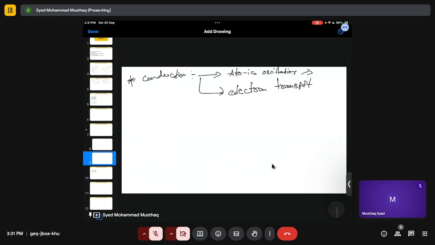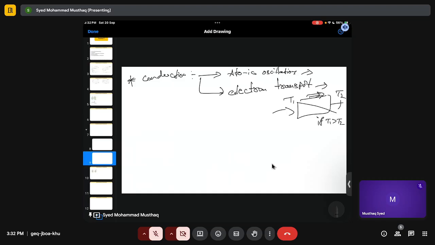These are two different ways that you can transfer thermal energy inside a solid from T1 to T2, if T1 is greater than T2. Let's draw the flow lines. Heat energy will flow along these lines, either by atomic oscillations or electron transport.